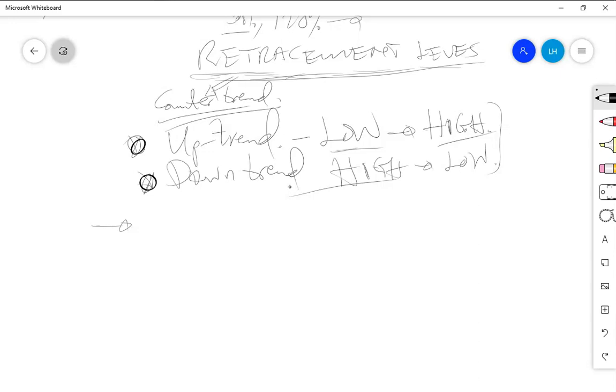So for retracement, levels can be something like 23.6%, and also we can have things like 38.2%. Then we can have 50%. There are a lot of them. We can have maybe 61.8%.